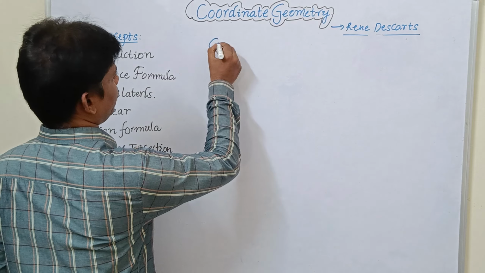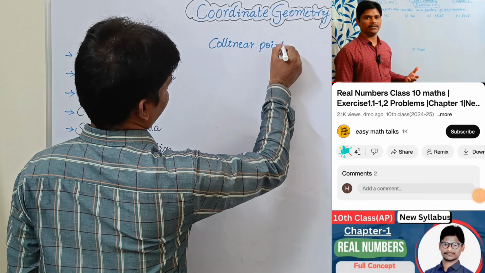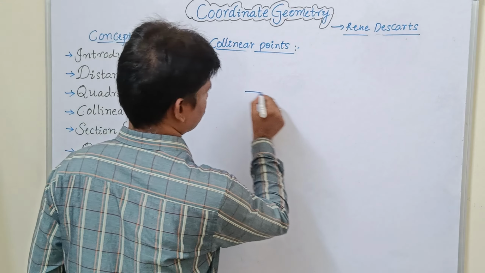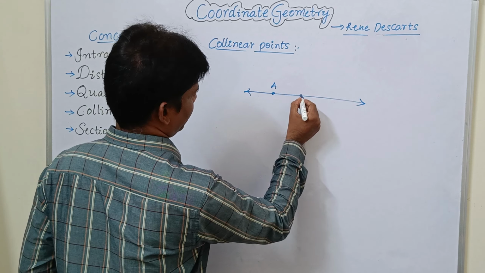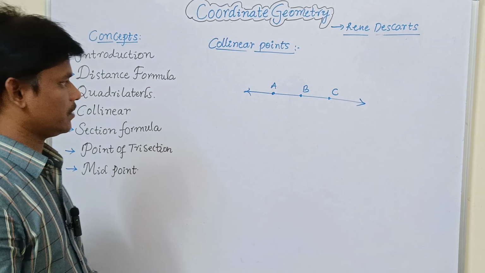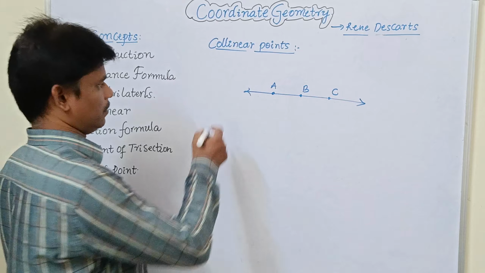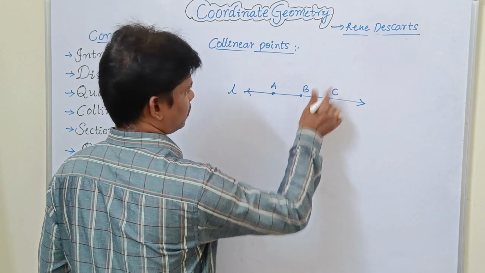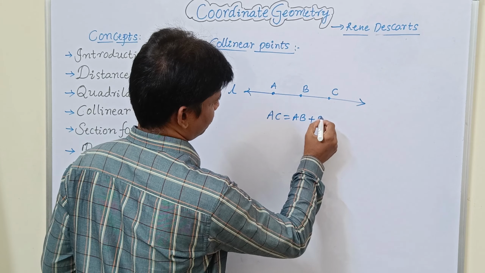And next, collinear points. How do we define collinear points? Suppose take one line, and A, B, C are three points. Two or more points on the same line are called collinear points. So how do we find out? The distance AC is equal to the sum of the distances AB plus BC.